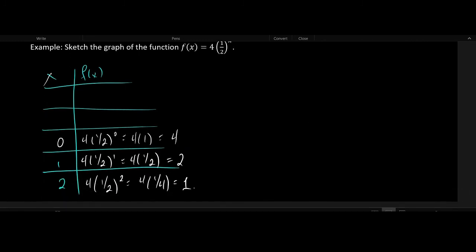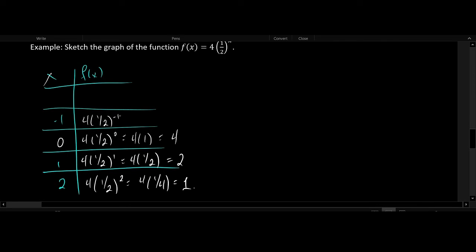All right, now let's try it with x is equal to -1. And we have 4 times 1/2 to the power -1. So -1 is going to come in, and it's going to cause 1/2 to be reciprocated.